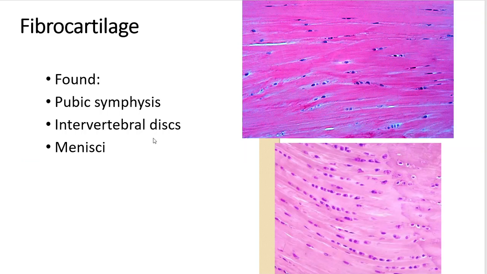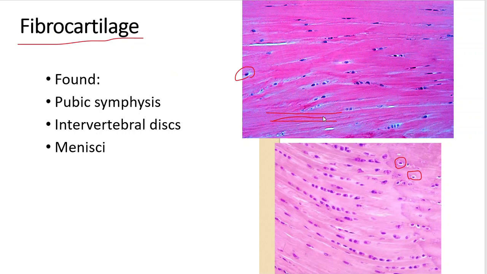Next is fibrocartilage. Now, this one is harder to see. You can see some lacunae. Always look for lacunae. That's me, though. These are going to have collagen fibers, and they're going to have a lot of them.